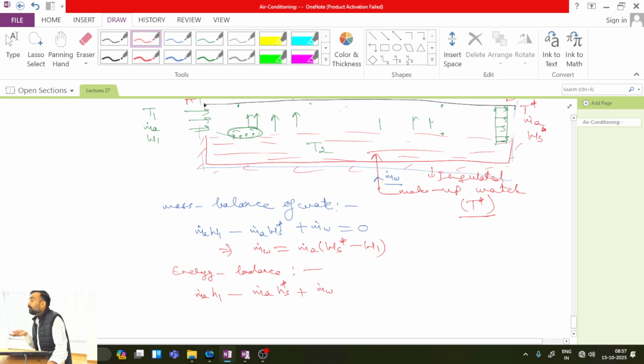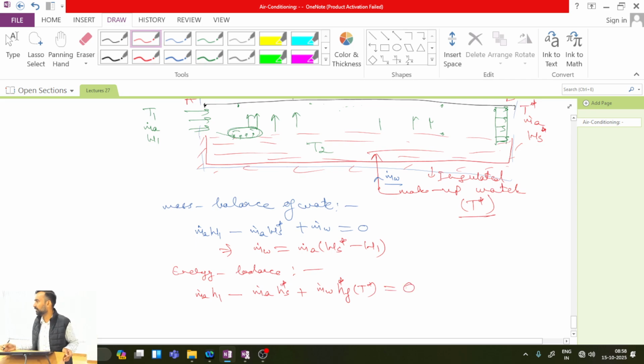Makeup water is coming in which state? Liquid state. So Hf, and I told you generally we supply this at temperature T star. So this Hf I will be supplying at temperature T star, so let me call it Hf star. Agreeing to this point?